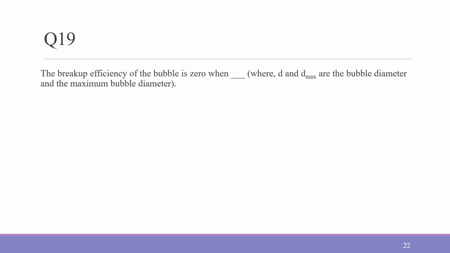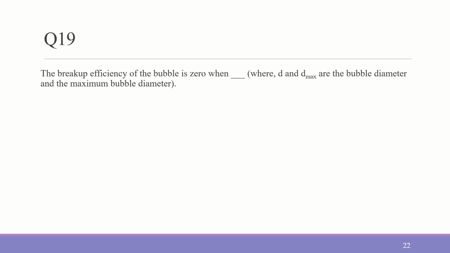So when d is less than d max, bubble breakup would not be happening in most cases. So breakup efficiency of the bubble is 0. You can say the answer without the options when you think logically. So answer is d less than d max.